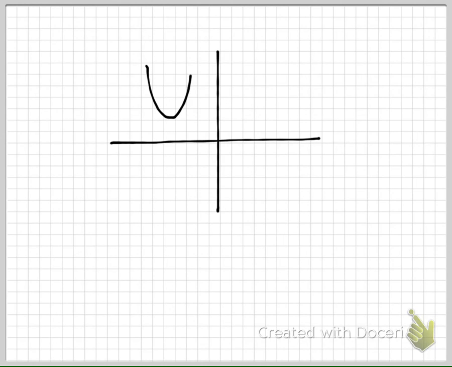Before I do that, let's do this. All I'm going to have you do right now is I want you to recognize something. When I give you this graph here, and I give you that parabola, I want you to be able to tell me, is there a minimum or is there a maximum to this?